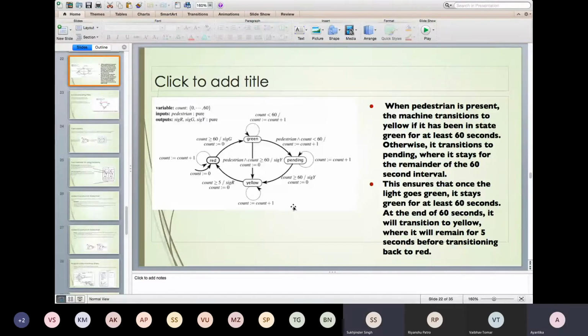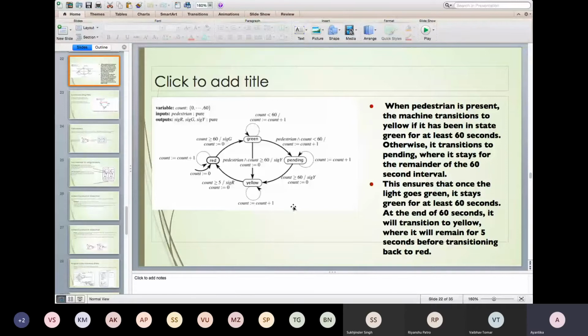Okay, so now I think it is clear how it is following the specification. The last line says that this ensures that once a light turns green, it stays green for at least 60 seconds. At the end of 60 seconds, it will transition to yellow, where it will remain for 5 seconds. Check the state yellow.